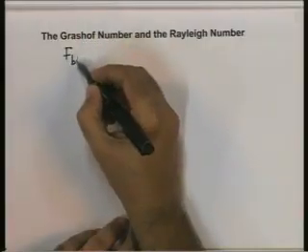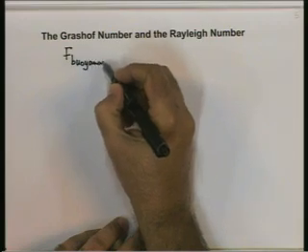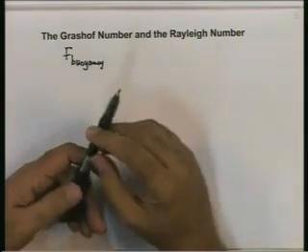Notice that the force of buoyancy would equal the density difference between the fluid and the surrounding multiplied by the volume of the fluid multiplied by the gravitational acceleration. The gravitational force will be acting downwards, buoyancy force would be acting upwards.